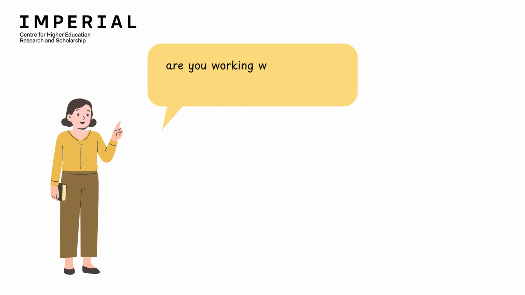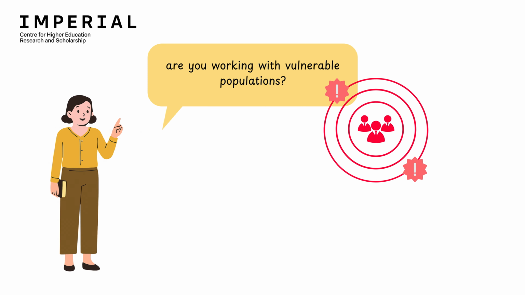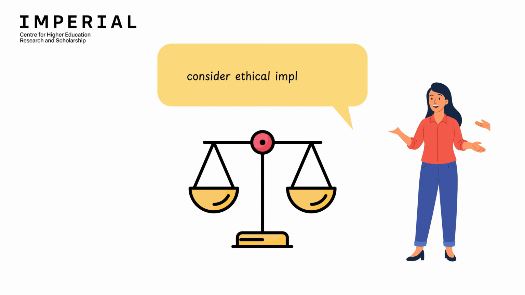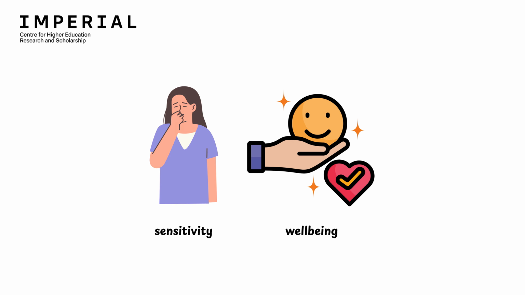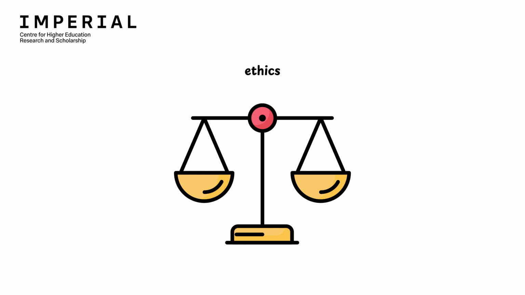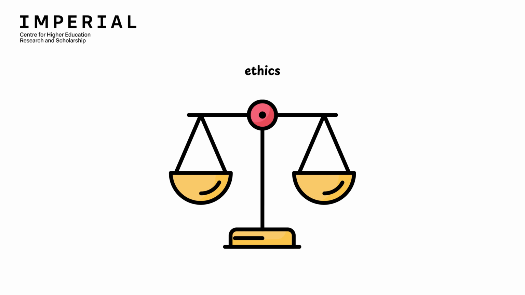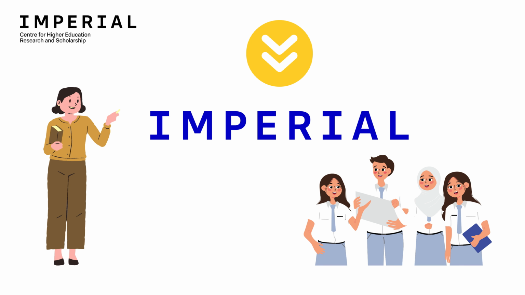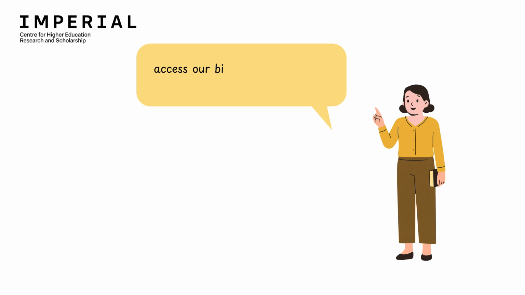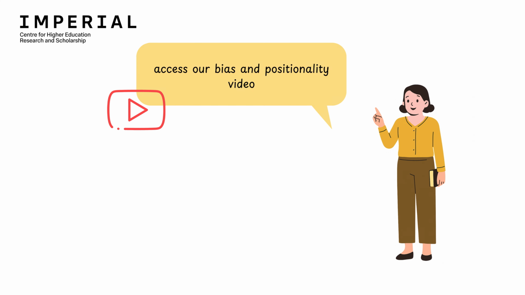Are you working with vulnerable populations? Then ethical implications need to be considered, as well as sensitivity and well-being. Remember, ethics form a key part of all educational research projects, especially when it involves staff and students at Imperial. Feel free to access our bias and positionality video, which introduces some ethical considerations, for example, different research biases.